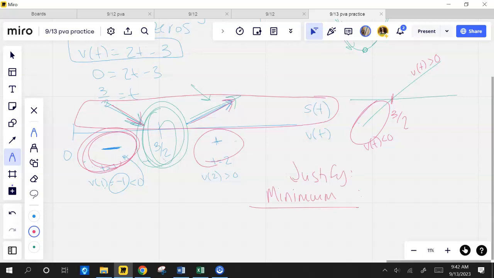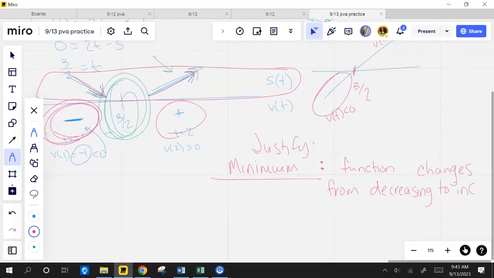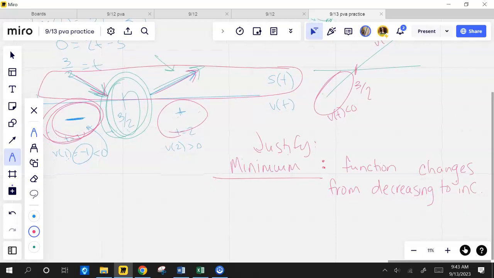For a minimum, you can say the function changes from decreasing to increasing. But your optimal justification here would be calculus-wise, and I'm going to star this one.